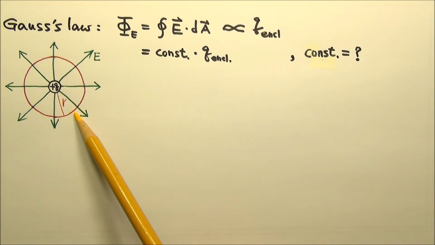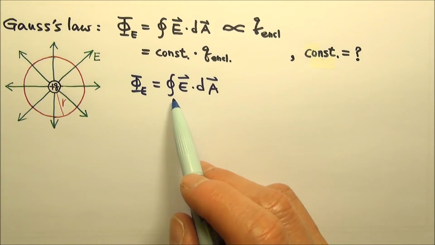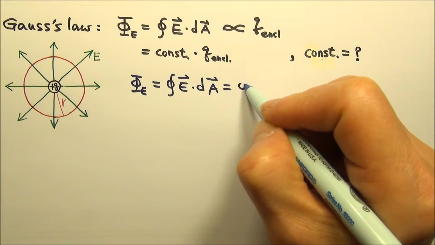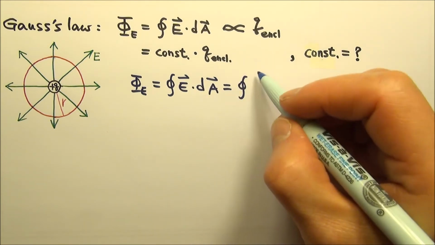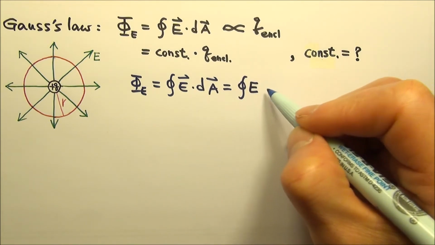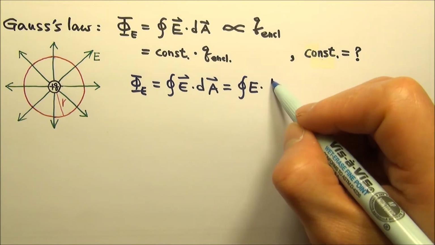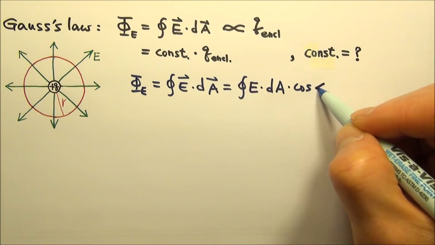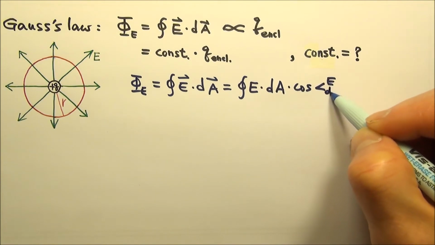The flux equals the closed integral of E dot dA, and since this is a dot product, it also equals the magnitude of the electric field times the magnitude of dA times cosine of the angle between E and dA.